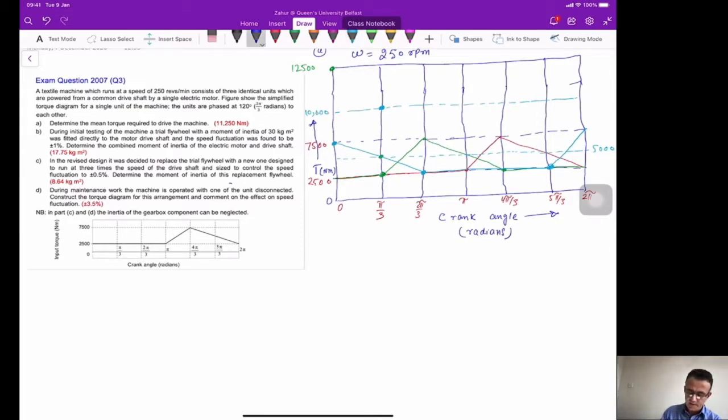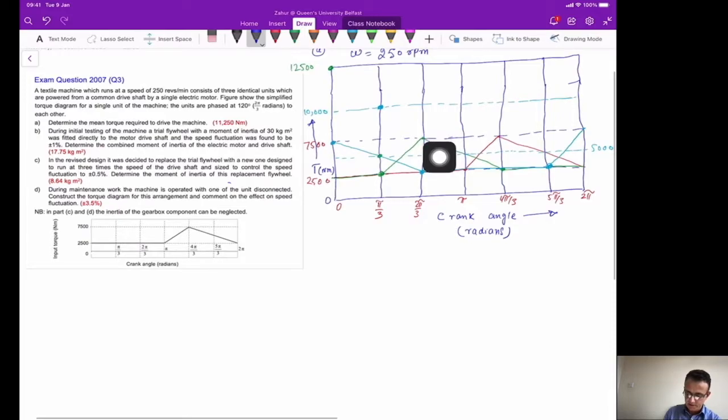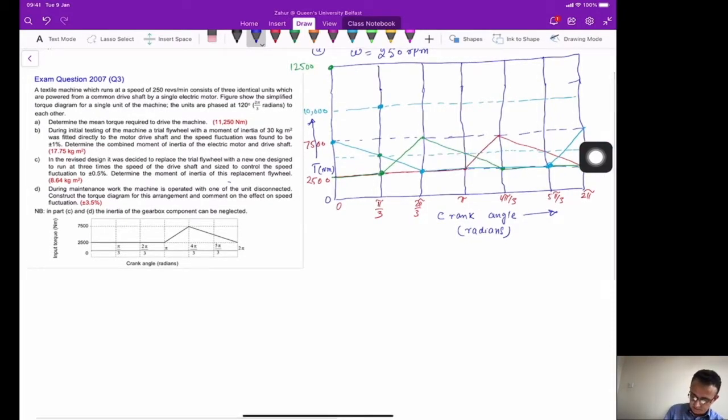Similar idea can be applied to the other points. So again, at this point you have two torques, which is 2500, and one is 7500 here. So again it will become 12,500, which is this point here.